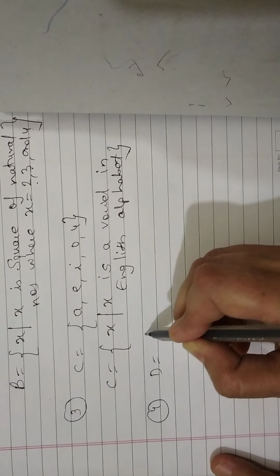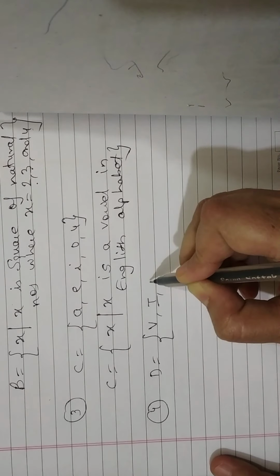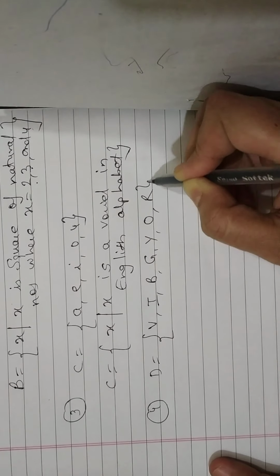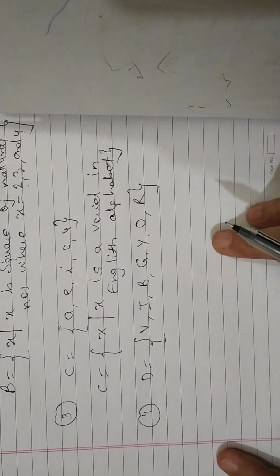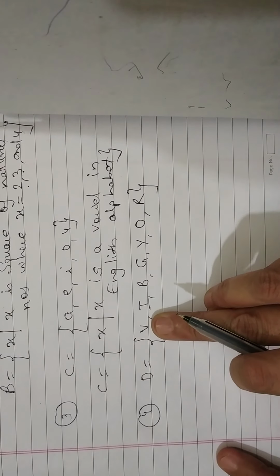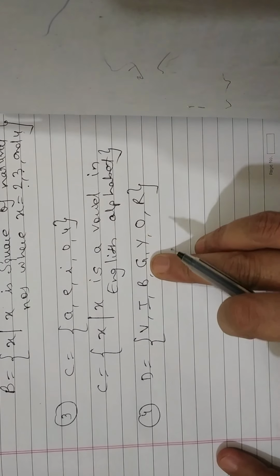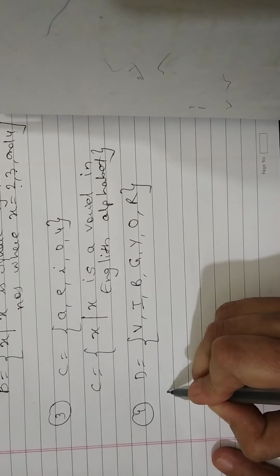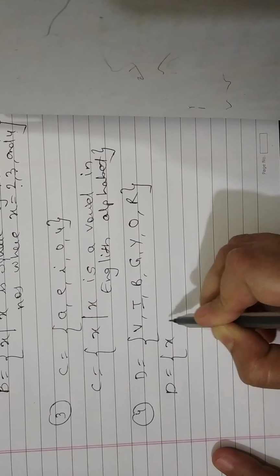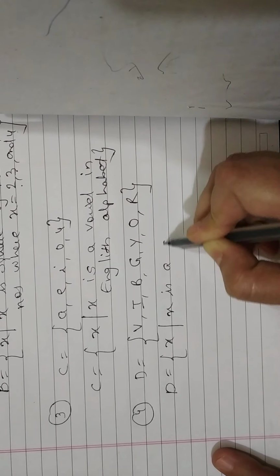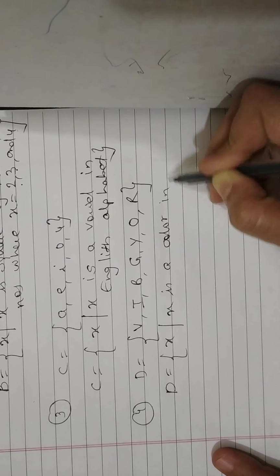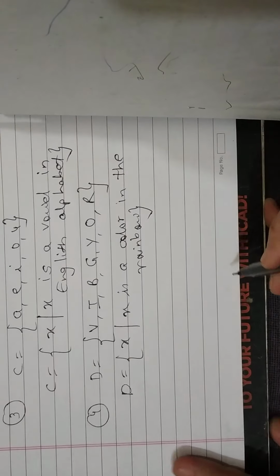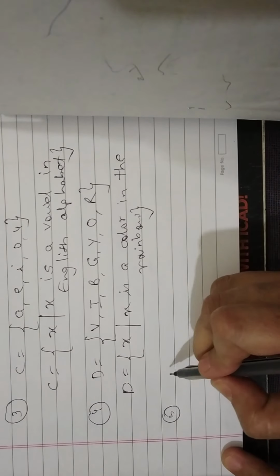See, this is V, I, B, G, Y, O, R. They are colors in the rainbow: violet, indigo, blue, green, yellow, orange, red. So, X is such that X is a color in the rainbow.